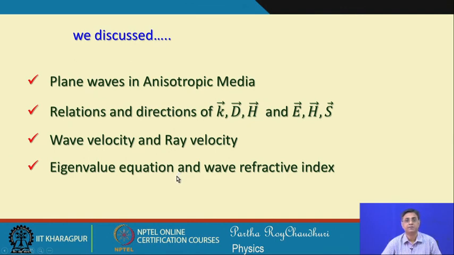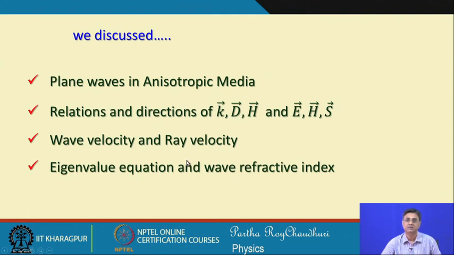If we consider various cases of the propagation of electromagnetic waves in different directions, knowing the property of the medium, we can find out the roots of the eigenvalue equation, which will give you the two refractive indices associated with the propagation of the wave along that direction, and the direction of the electric field vectors will be the direction of polarization.